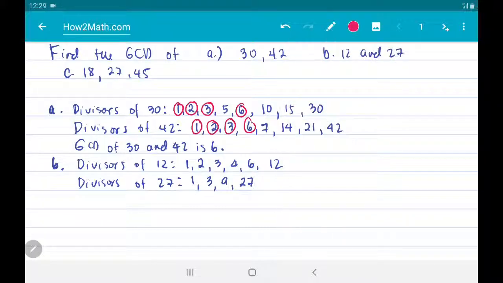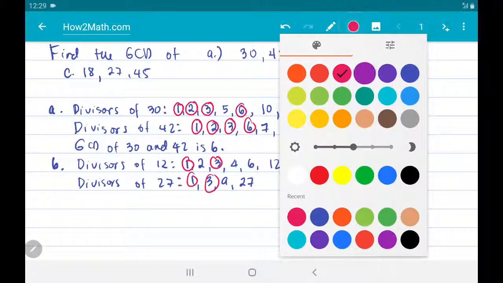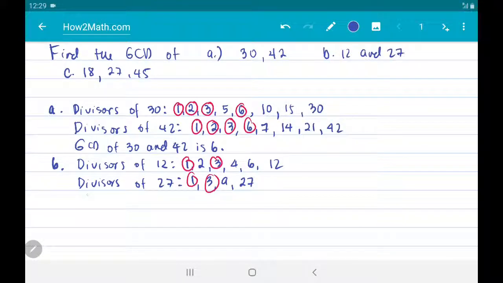So our common divisors are only 1 and 3. And the GCD of 12 and 27 is 3. The GCD, or the greatest common divisor, is the greatest or the largest among the common divisors.